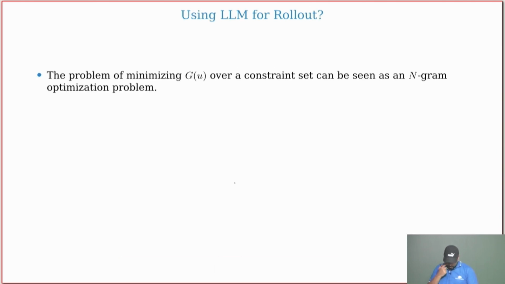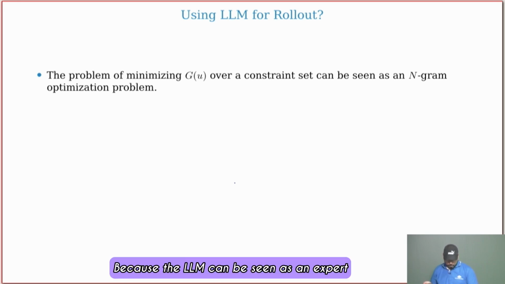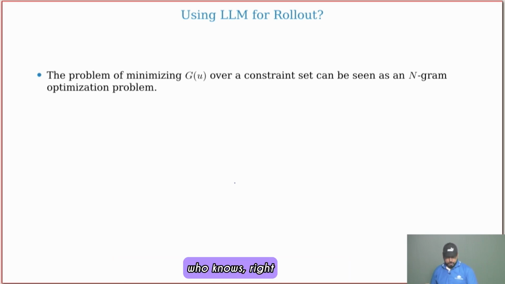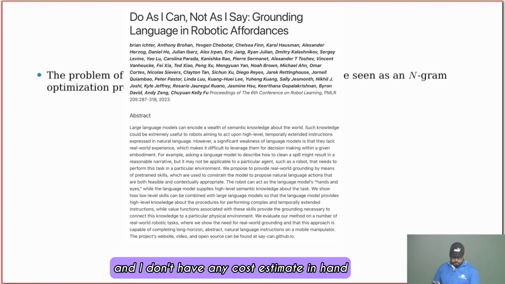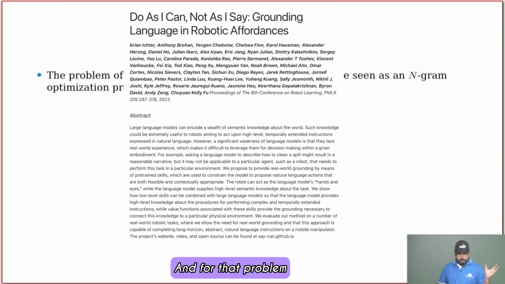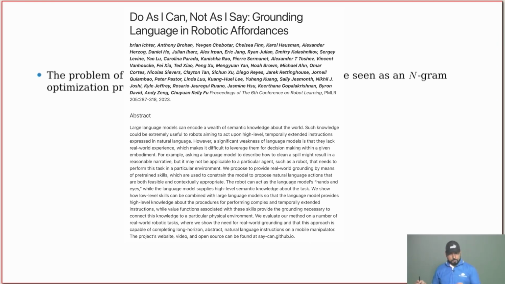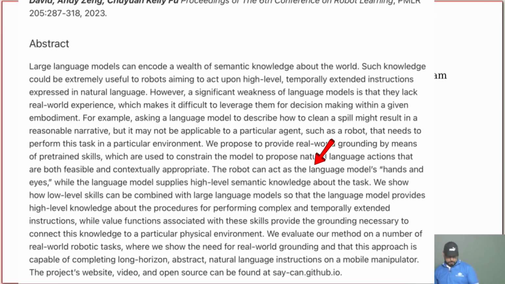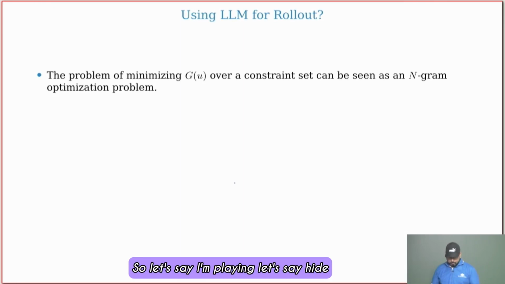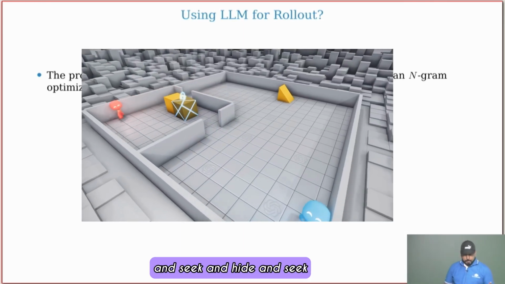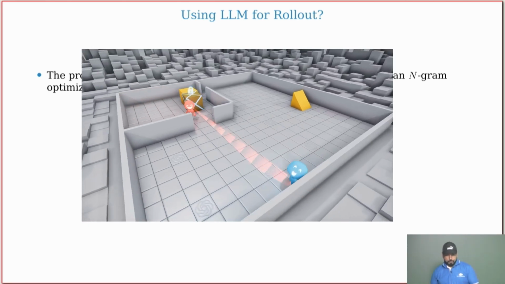Now, can we use an LLM also for rollout? Because the LLM can be seen as an expert, who knows, right? Let us say I'm solving some problem and I don't have any cost estimate in hand, and for that problem I generated a sequence of steps, and then I asked the LLM, is this a good idea? Let's say I'm playing hide and seek.